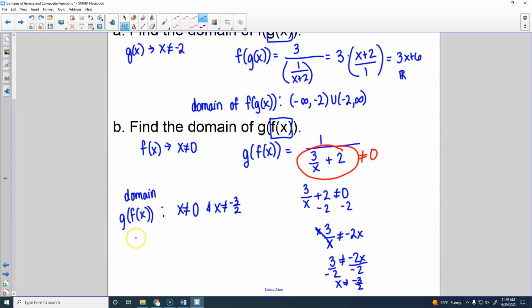And if we wrote it with interval notation, this would be negative infinity to negative 3/2, negative 3/2 up to 0, 0 to infinity. So there's an example of where you have 2 restrictions on your domain, so you got to include both of them. Yes? Okay.